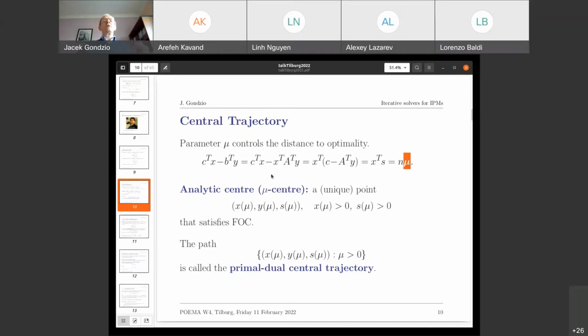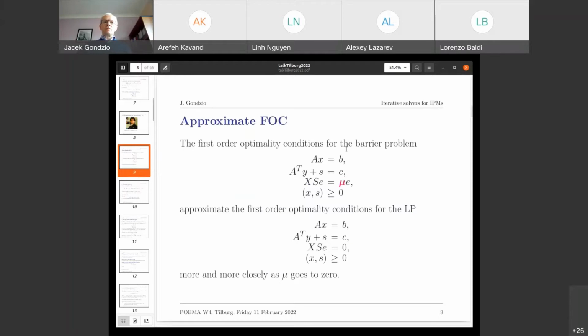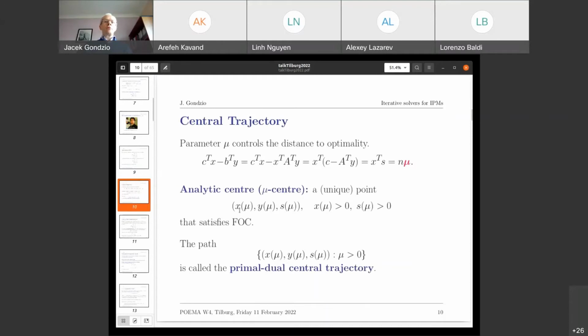I want to underline, under the assumption of feasibility of x in the primal and the feasibility of y and s in the dual, that for every parameter μ, this system of nonlinear equations has a unique solution, and we could write this solution parameterized with the value μ. So if we write it that way, x depending on μ, y depending on μ, and s depending on μ, it would define a unique point.